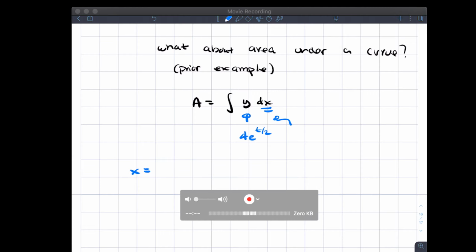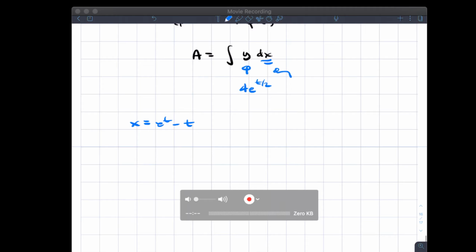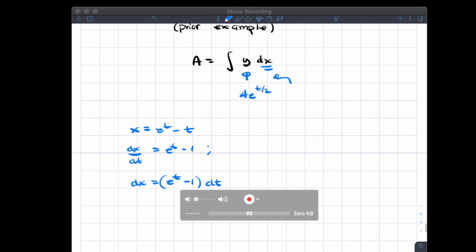Since x was e to the t minus t, we know dx dt is e to the t minus 1. So that means that dx is e to the t minus 1 times dt. So ladies and gentlemen, we're just going to substitute the y variable and dx. This portion is going to be e to the t minus 1 dt.